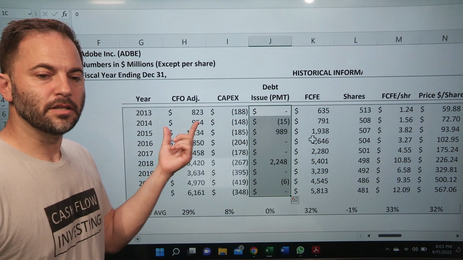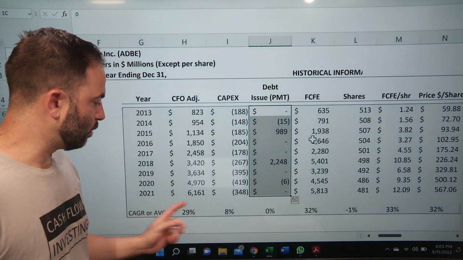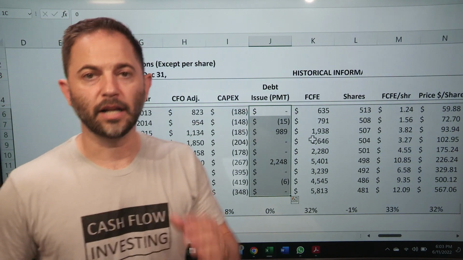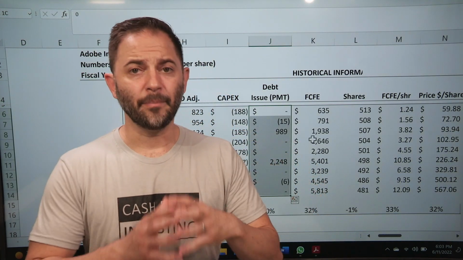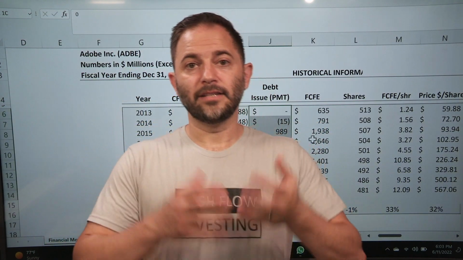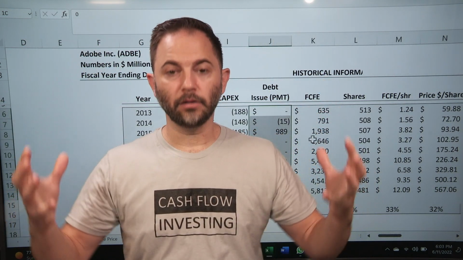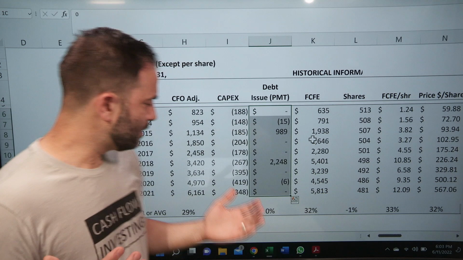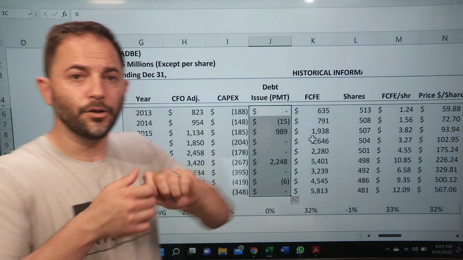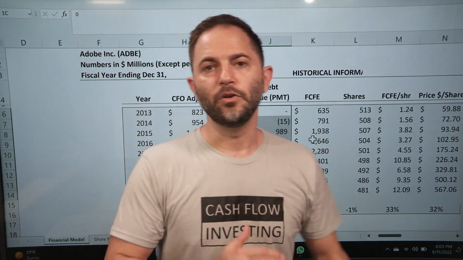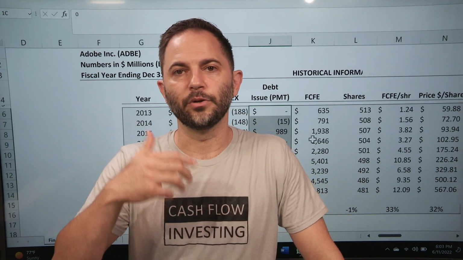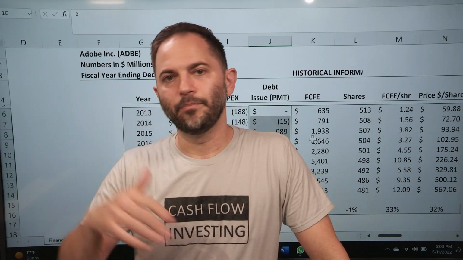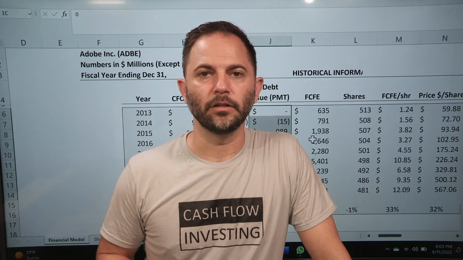So what happens is at last year, 2021, they made $6.1 billion of adjusted free cash flow. That means at the end of the year, they had $6.1 billion of cash piled up in their bank account. They're like, what do we do with this money? Okay, let's peel off $350 million to buy new paint, new computers for the office, tint the windows, whatever, work remote stuff, that kind of equipment for CAPEX.